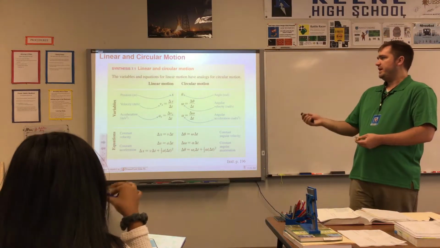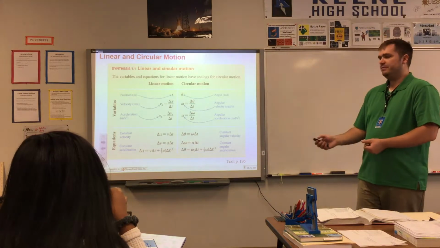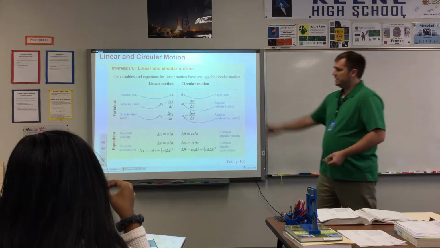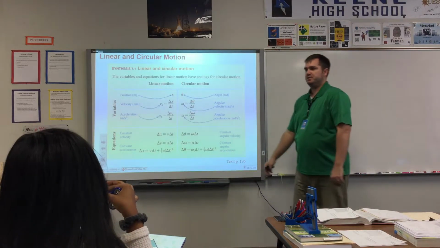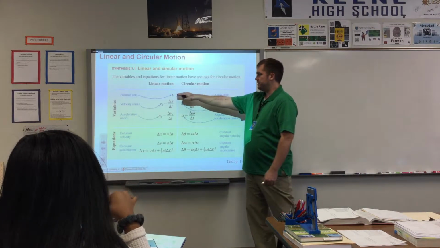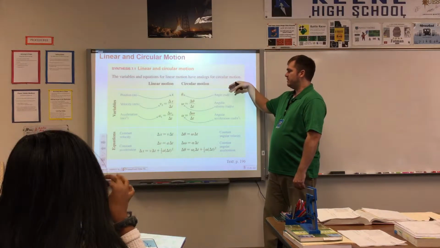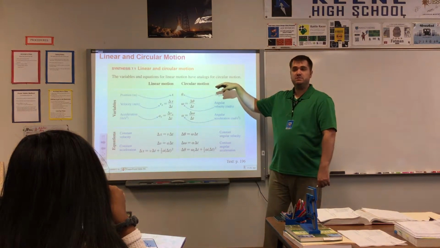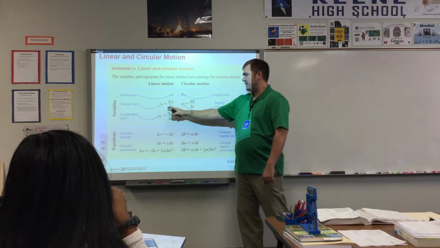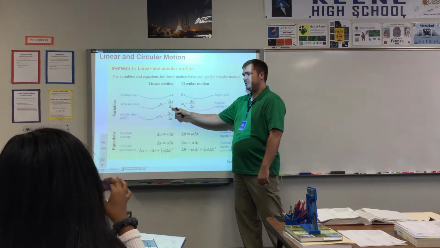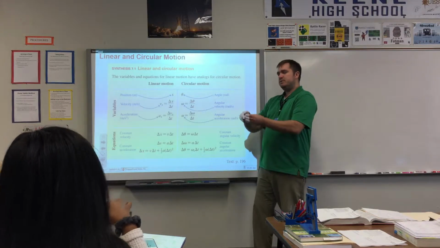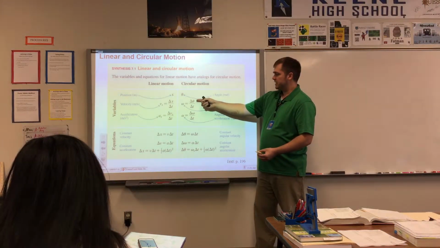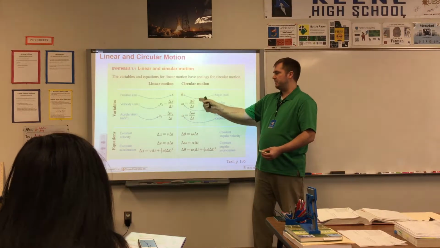All of the things that we had with linear motion have an analog or a secret twin in the circular motion dimension. So position, x, is now theta, which we are always going to measure, pretty much almost always, in radians. Okay? Velocity was the change in position over change in time. Well, when things are rotating, we have omega, the angular velocity, change in theta over change in time.